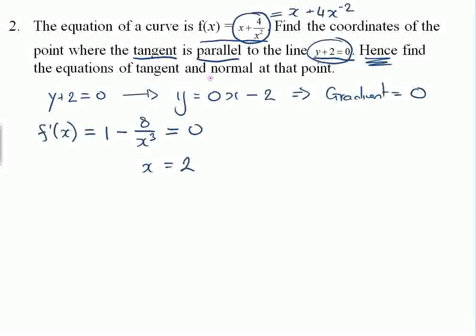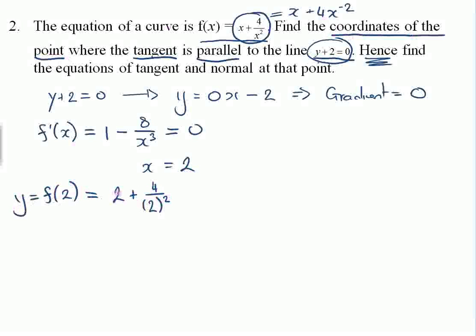So I'm asked to find the coordinates of the point. So I don't just need the x coordinate, I also need to know what y will equal. So what is f(2), which can be my y? f(2) is going to be, I just substitute 2 back into my original equation. 2 plus 4 over 2 squared.